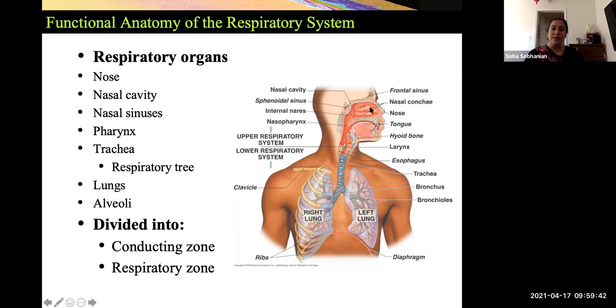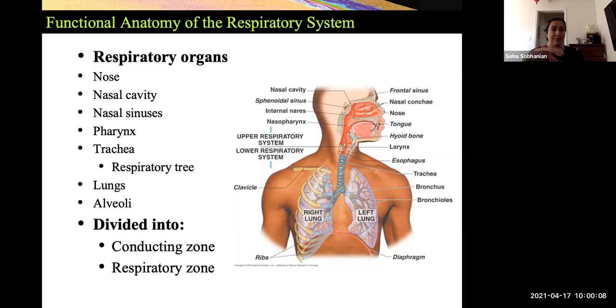So your nose, your nasal cavity, your pharynx, your tonsils, your larynx, etc. And lower respiratory system is basically, think about more internally. So it's your trachea, your bronchial tree, your lungs. So when somebody says they have lower respiratory infection, they typically are talking about your bronchi and your lungs.